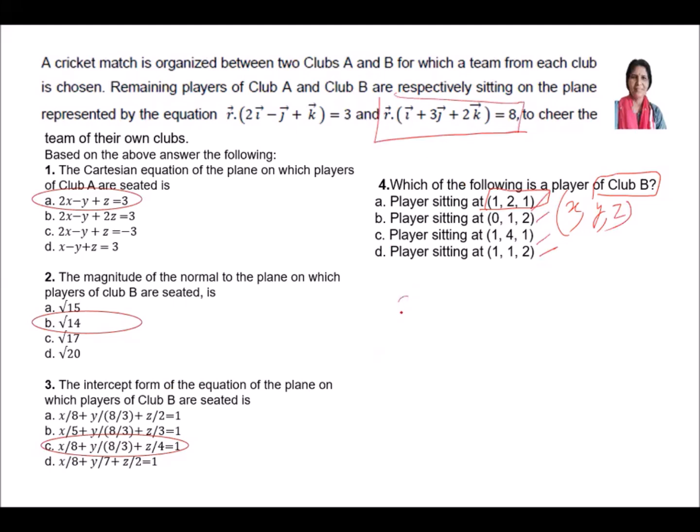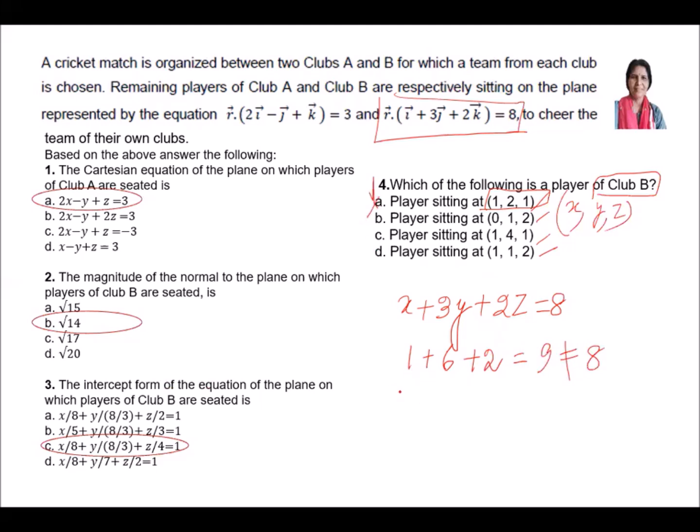So the B plane is x plus 3y plus 2z is equal to 8. You put in the respective values of x, y, z and see whether the left hand side is equal to the right hand side. Checking for A, x is 1, y is 2, so 3 times 2 is 6, plus 2 times z, z is 2, it will be 9. It is not equal to 8. So A does not satisfy it.